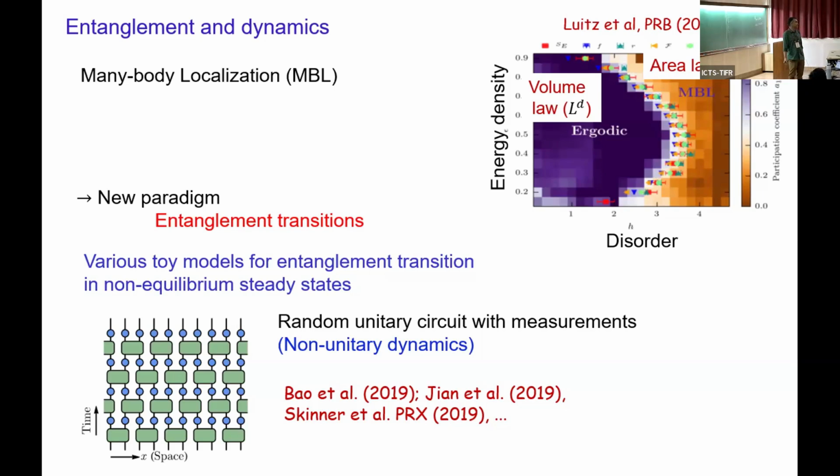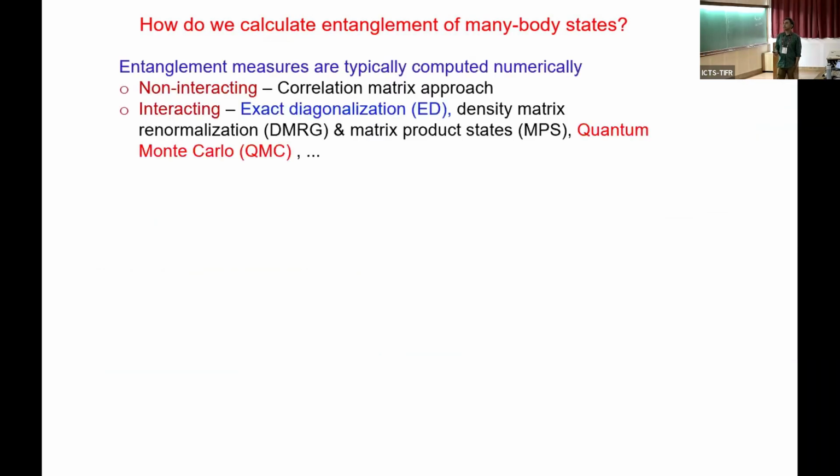Okay, local systems. So now the question is, how do we calculate entanglement of many-body states? I'll just list some methods which are quite often used in different areas, and some of them specifically in condensed matter systems. Of course, for non-interacting systems, as we know, you can just diagonalize the non-interacting Hamiltonian, because you only need the two-point correlator to characterize the full state.